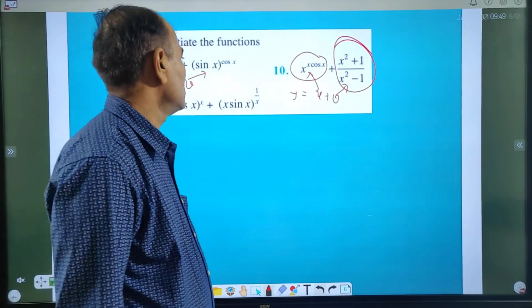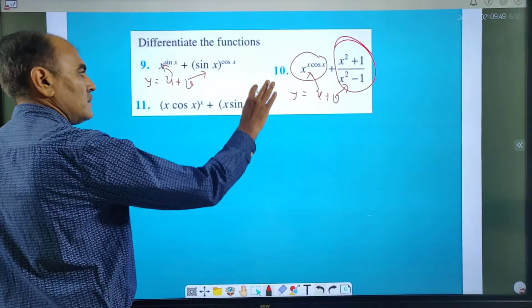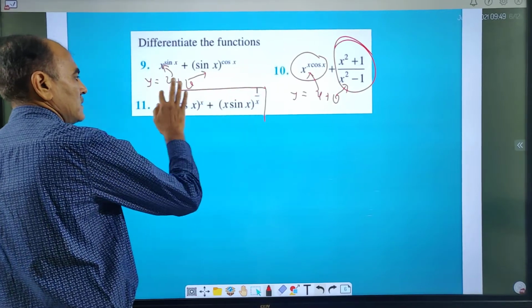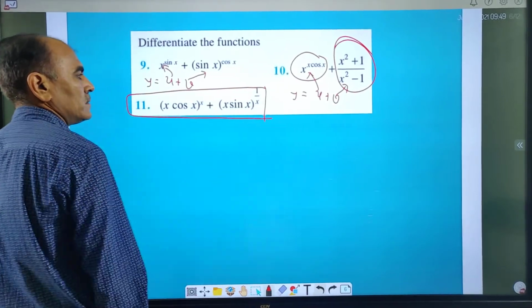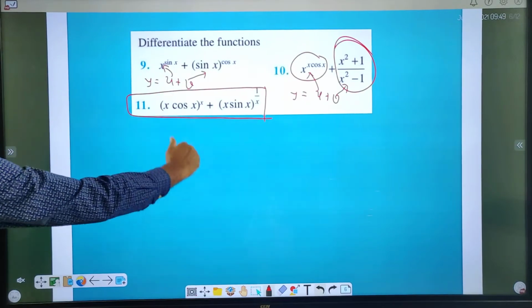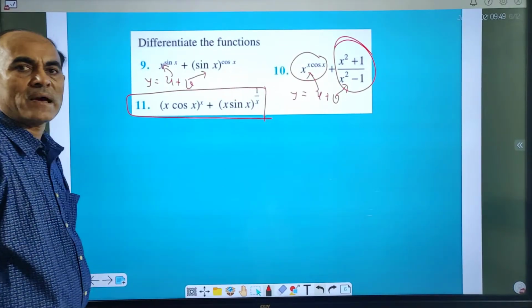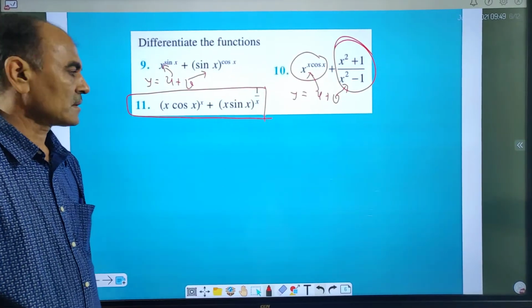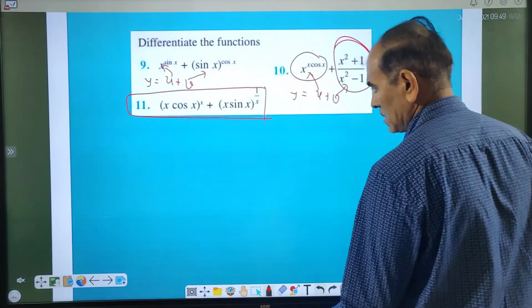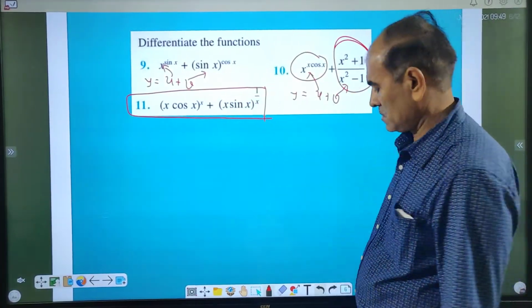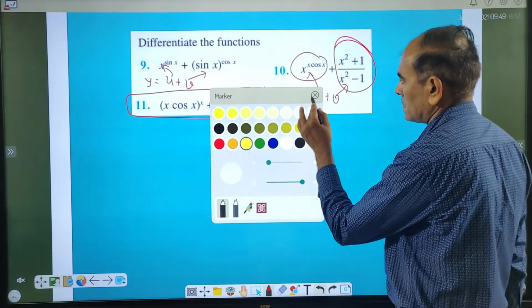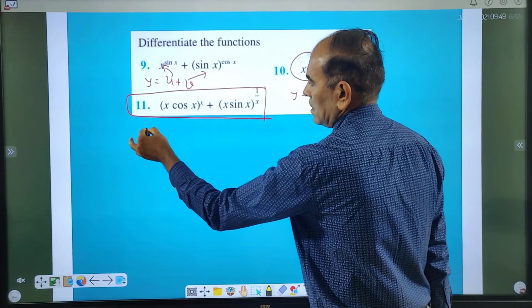Okay. So I would like to solve example number 11. x cos x raised to x, plus x sin x raised to 1 by x. So let us see that one. Once again it is a 4 marks question. Example 11.